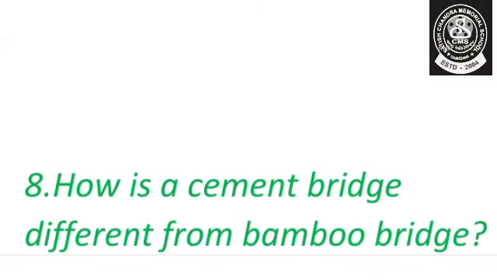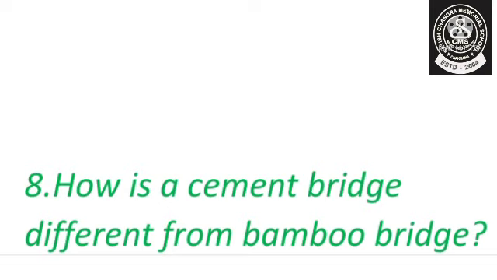Now, next question, children: how is a cement bridge different from a bamboo bridge? A very, very important question. It carries huge marks, a 3 marks question. So all of you very nicely make a two-column box, one side cement bridge and the other bamboo bridge. You have to write the differences point wise. So what will be the difference, do you know?